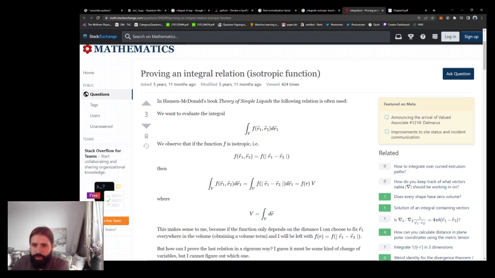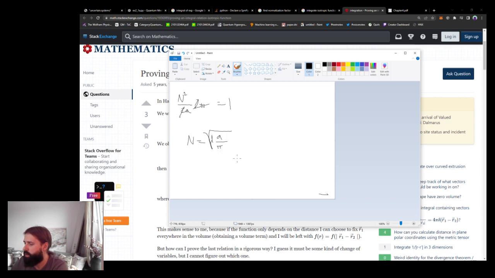Oh God, wait a second. If the integral would tell me n squared divided by 2a, this is what we would have. But then the pi, where is this pi coming from?